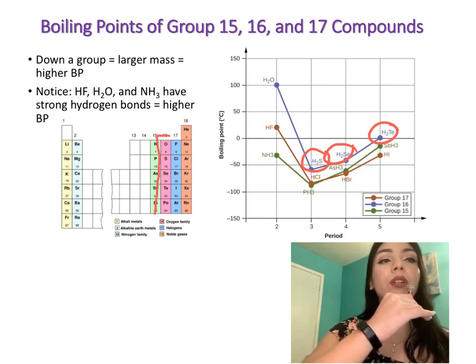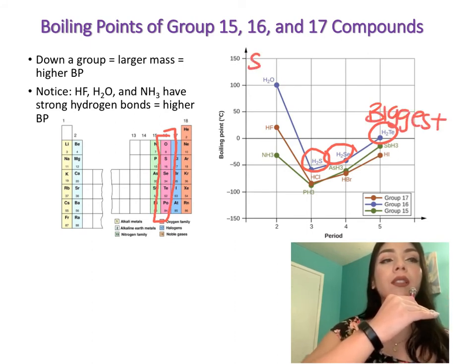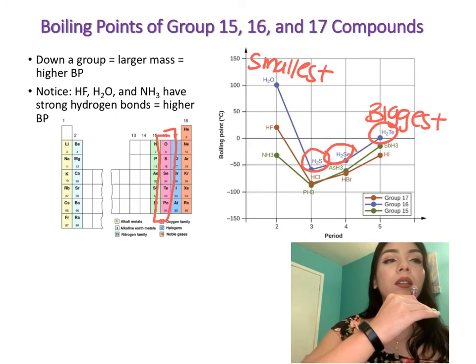So sulfur is smaller than selenium, and selenium is smaller than tellurium. As we increase the size, the boiling point is increasing. So the boiling point is highest for the biggest mass, for example, dihydrogen tellurium.